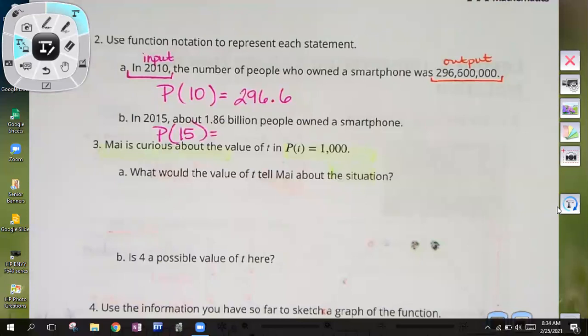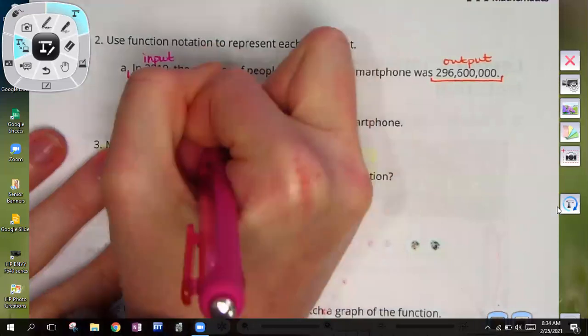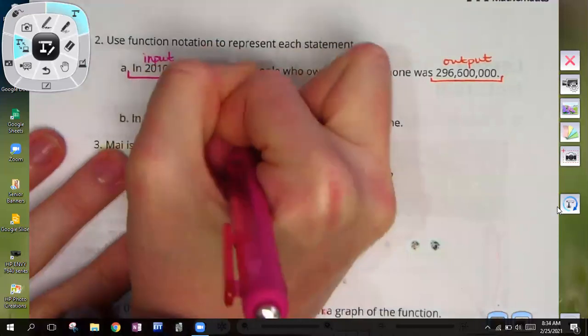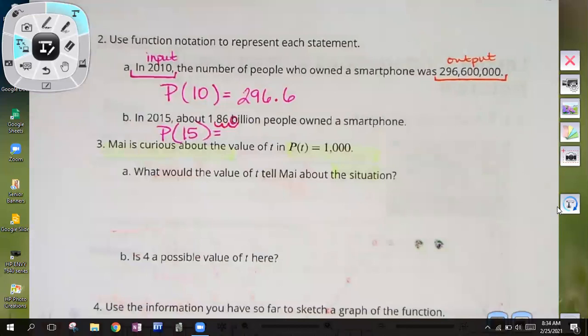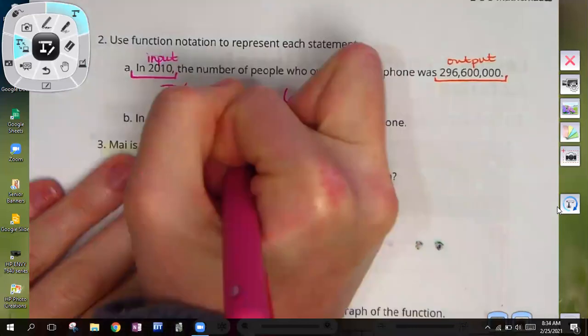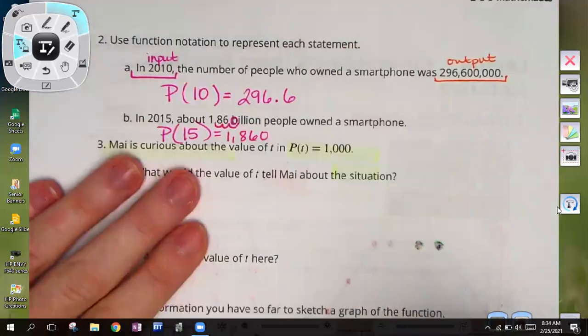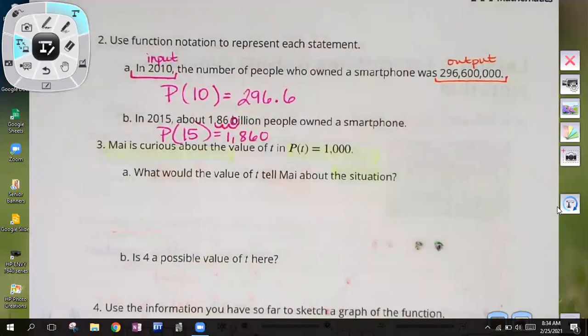So all you have to do is take this decimal and move it back 3 places. So how many millions of people owned a smartphone? 1,860 million, which is 1.86 billion people.